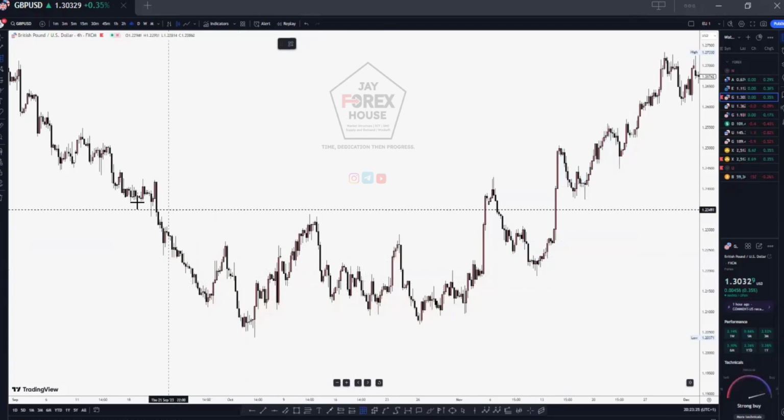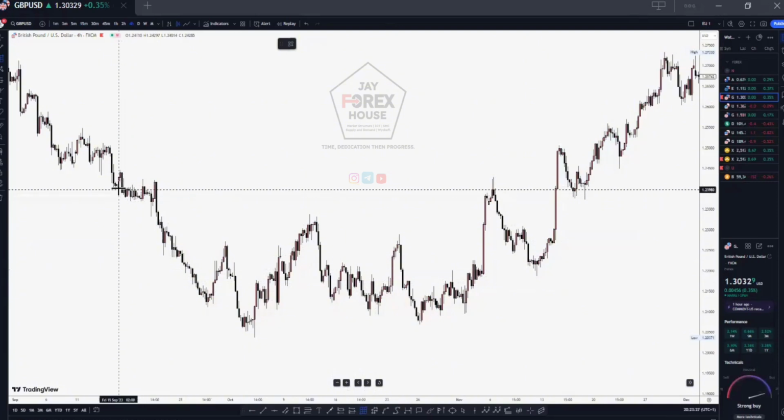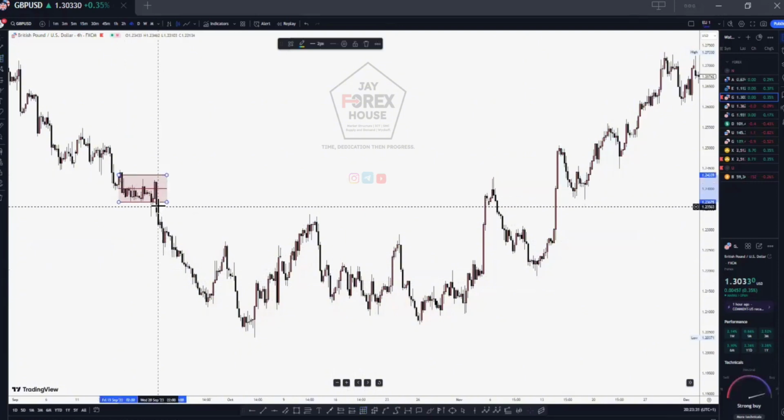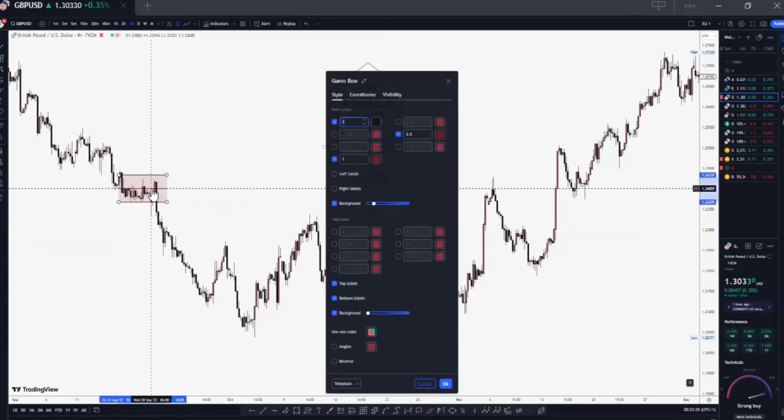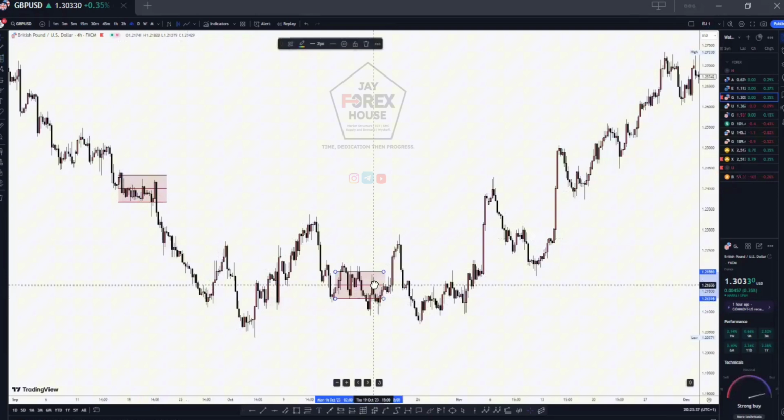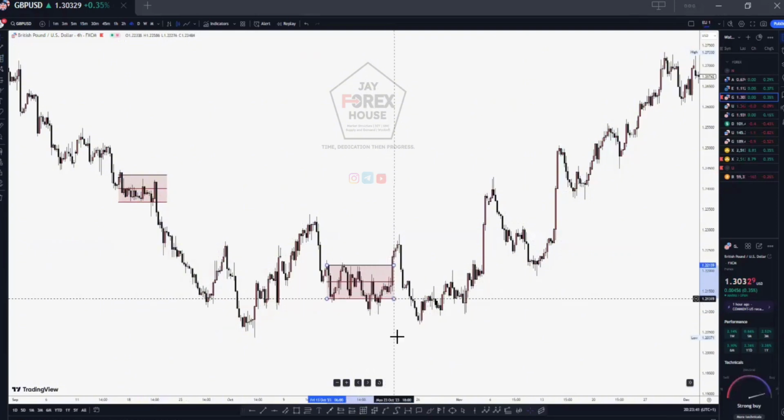So, there's also another secret you need to understand. Accumulations happen on different scales. In the ebook, I talked about the law of cause and effect in Wyckoff. As you can see, this is also an accumulation, but it's happening on a smaller time frame, or you can say a smaller scale. And on this scale, we had a spring, and then we also had a test with a little markup.